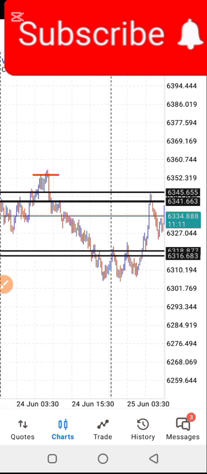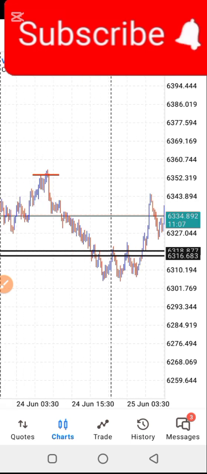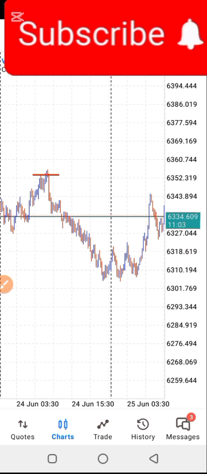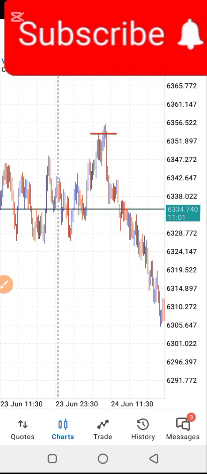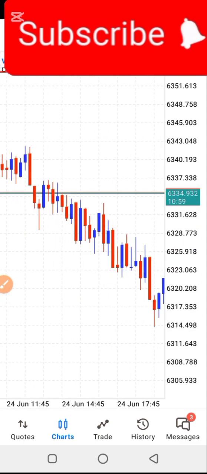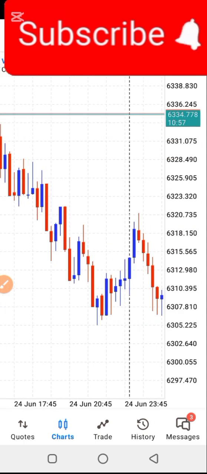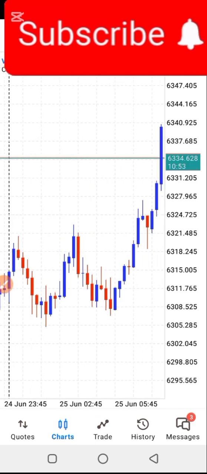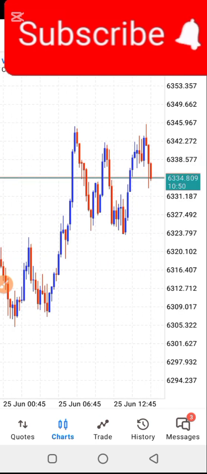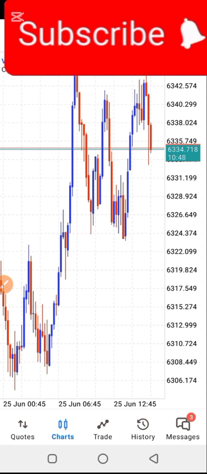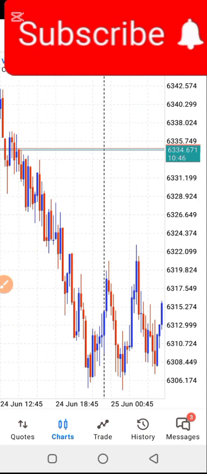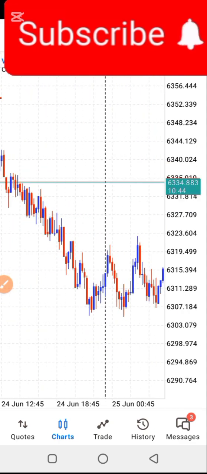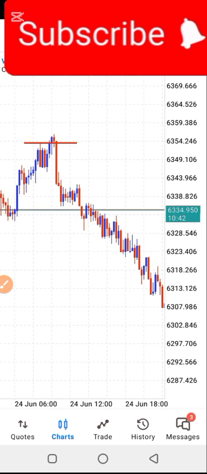Sorry, let me take all of this off, so it doesn't confuse us. Okay, so this example I gave, and price was pushing down. So I can't find a good sweep. I can't find a good sweep around here.